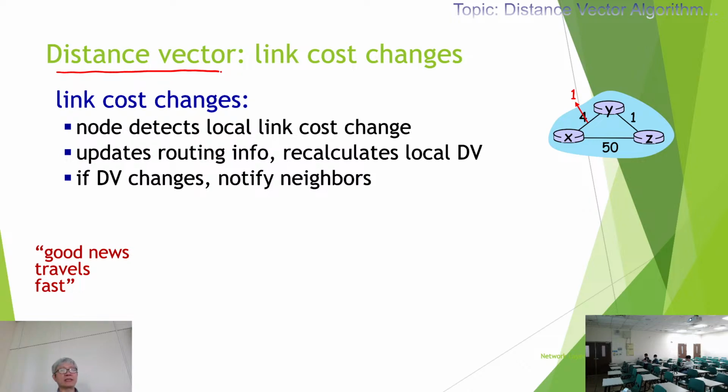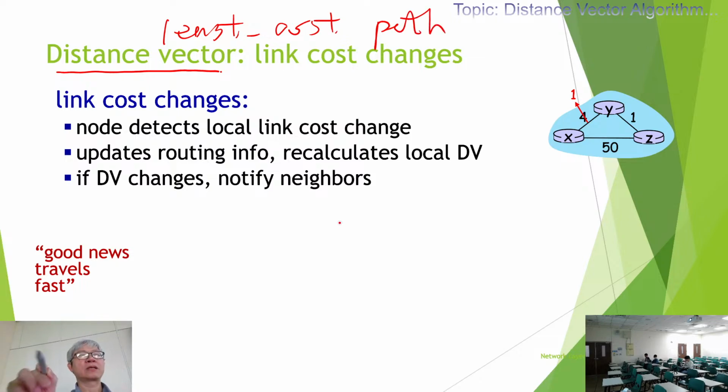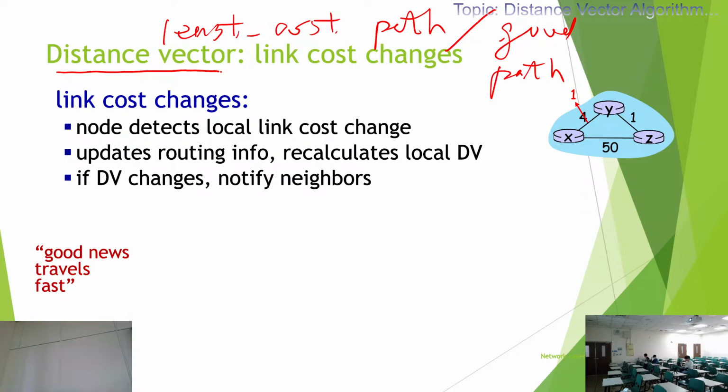And next, the Bellman-Ford equation. Think about the Bellman-Ford equation: choose the least cost, the least cost path. Least cost path says the good path. The main idea of the Bellman-Ford equation is to choose the good path.